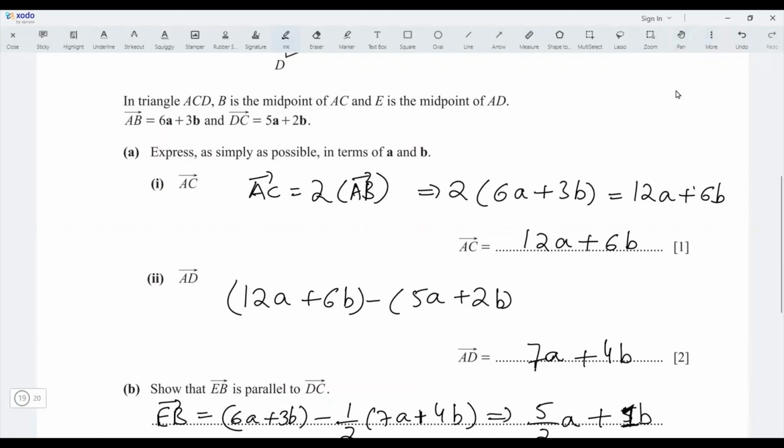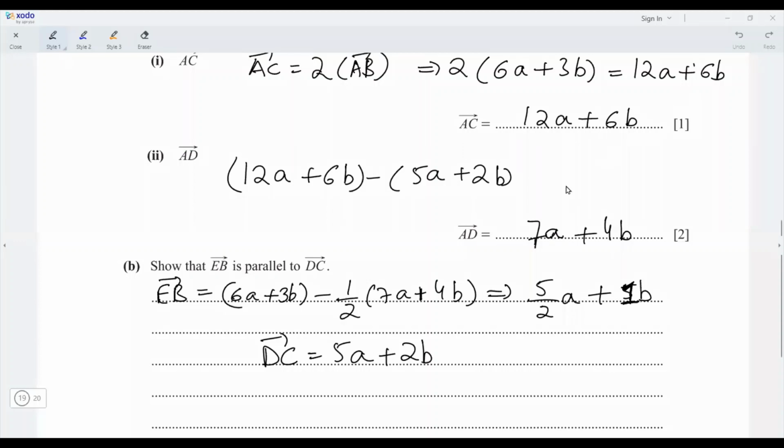So moving ahead, what we have to do here. By simply seeing it, we have to show that EB is parallel to DC. So if vector DC is given as 5a plus 2b, which is already given, and we have found EB, both vectors must be scalar multiples of each other. If we multiply EB with 2, that will equal DC, or we can say DC vector is basically double of EB.